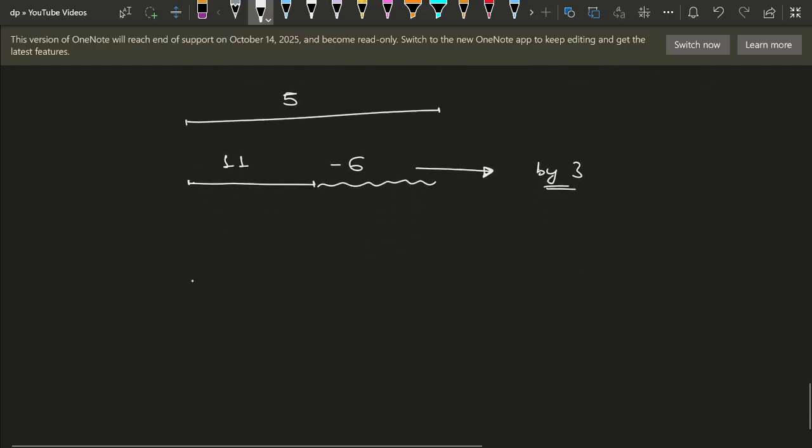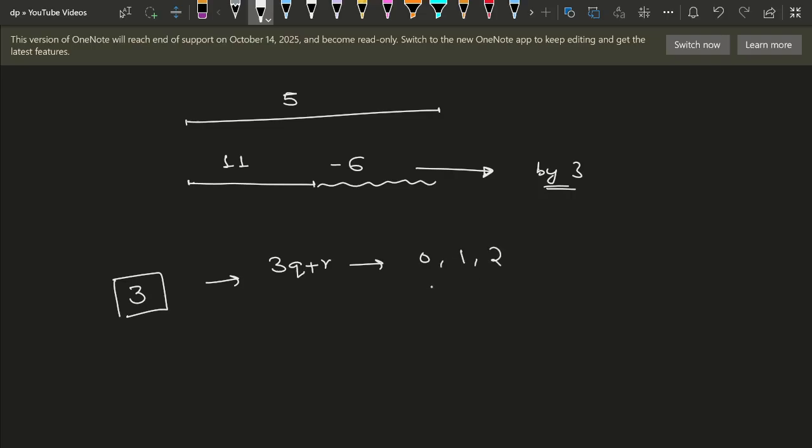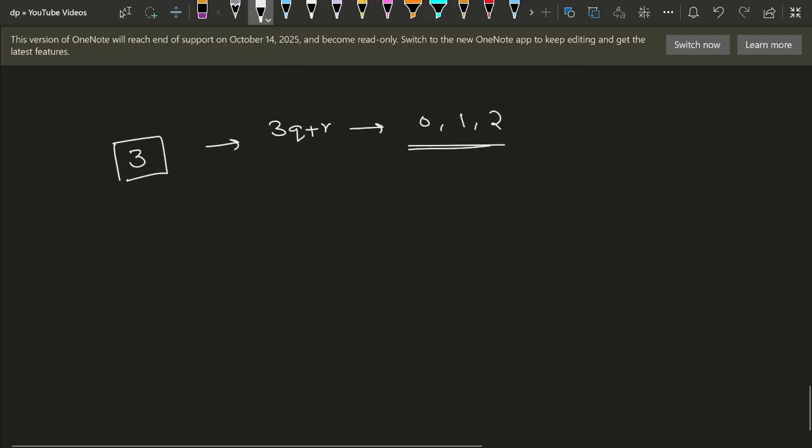And so if we take the example of 3, we understand that any number can be represented as 3q plus r. R can be either 0, 1 or 2. But since we can also have negative values in our subarray, for example, we can have minus 1, minus 1, minus 1.